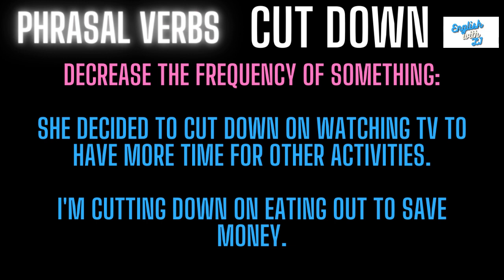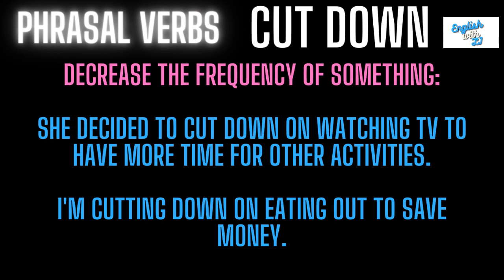So they cut down on their television time, cut down on how long they're watching television. So they've cut it down to an hour. So now they have an hour spare that they can learn a language. So this is cutting down to reduce the frequency of something. So it can be to reduce the quantity of something, but also decreasing the frequency of something.